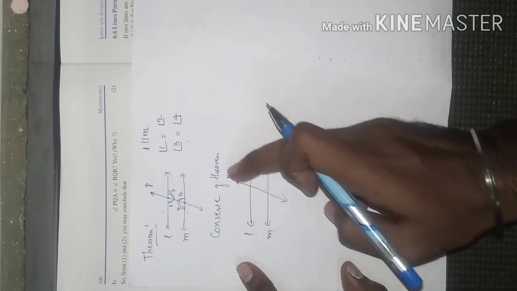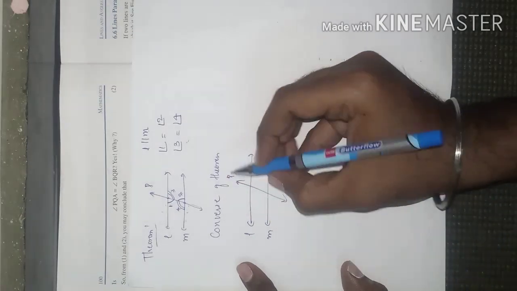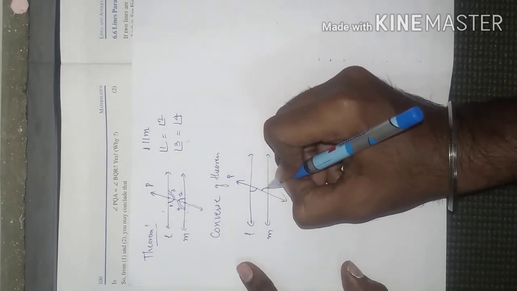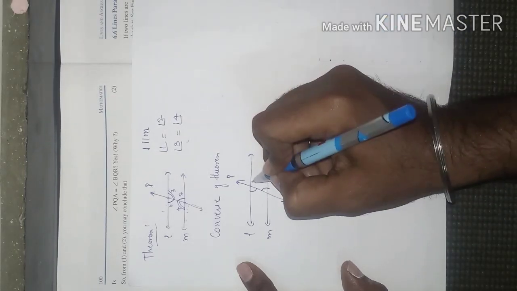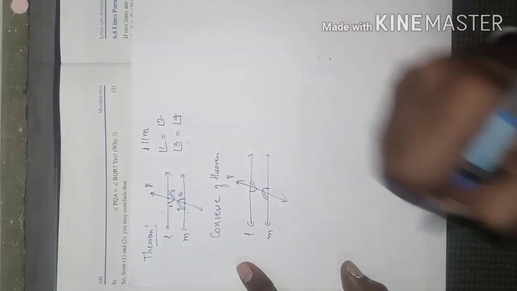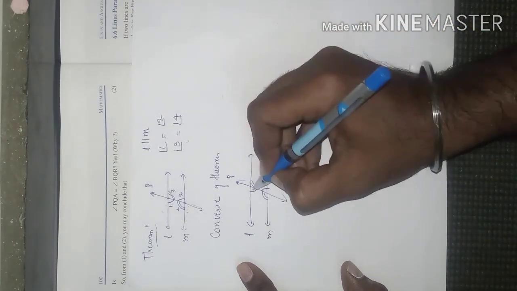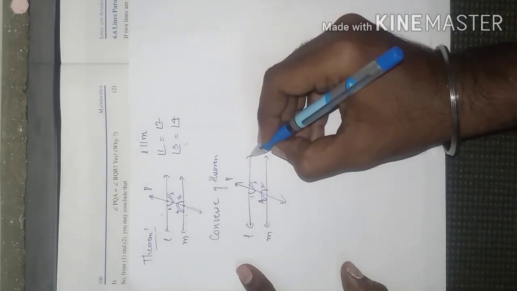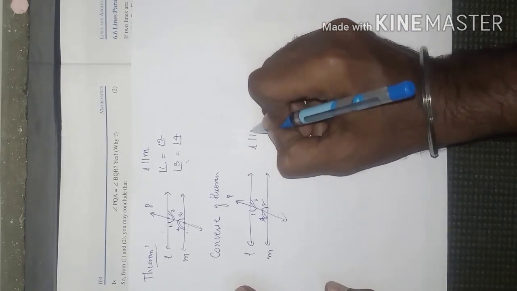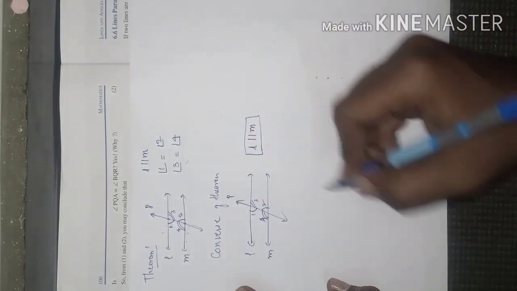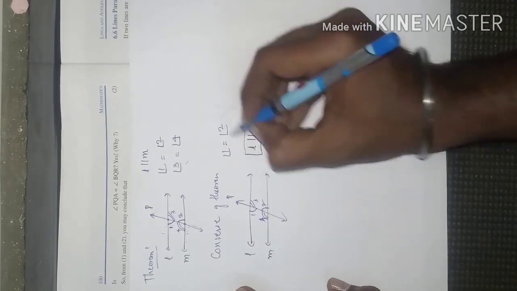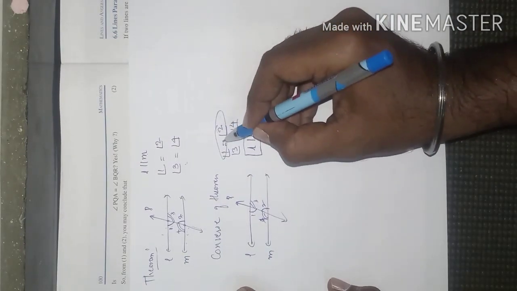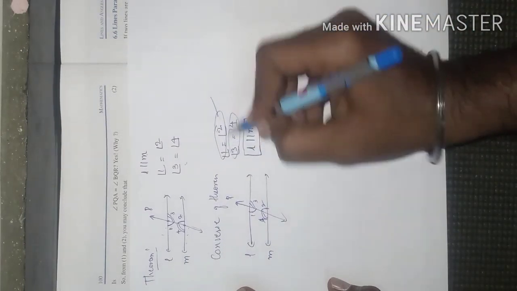Now when the transversal line intersects these two lines, if the alternate angles, this angle and this angle, are equal, or you can consider this also as equal, then this line L is parallel to M. If angle 1 is equal to angle 2 and angle 3 is equal to angle 4, you can consider one or both.